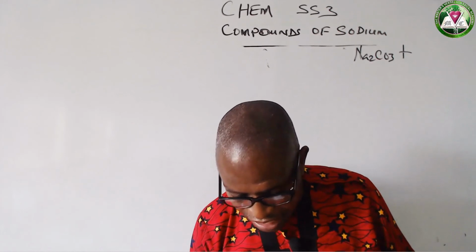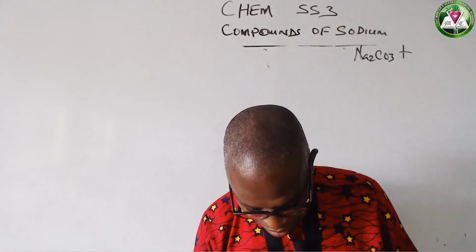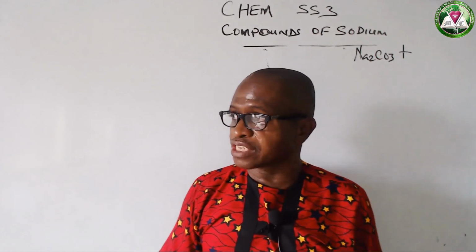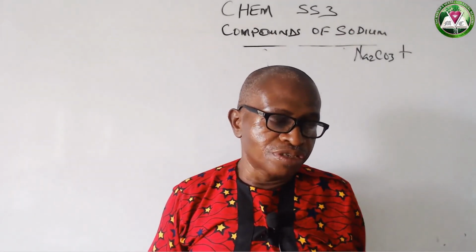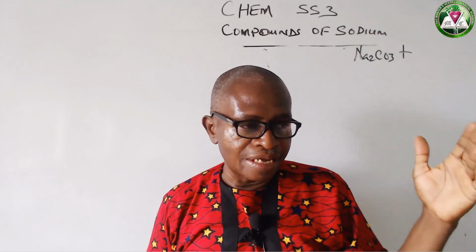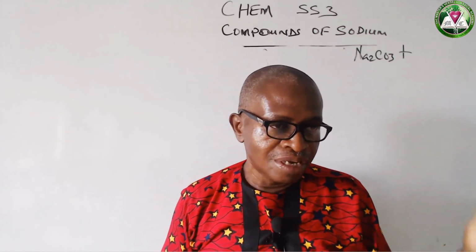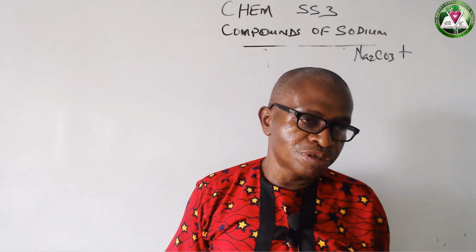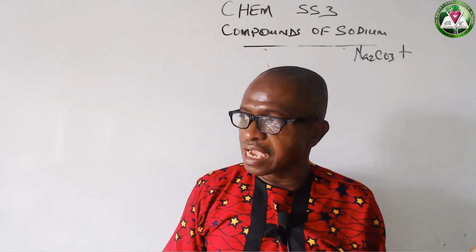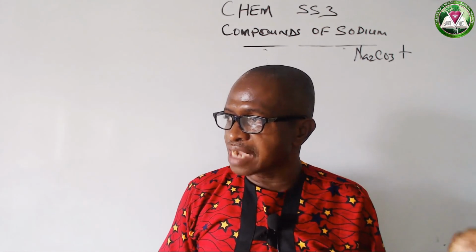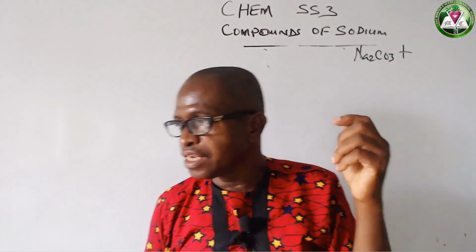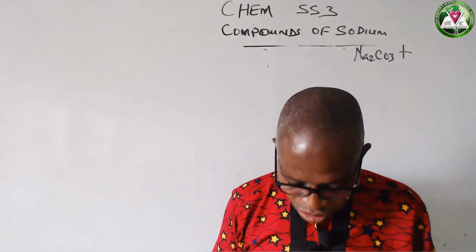Then we looked at physical properties of sodium hydroxide. When you dissolve sodium hydroxide in water, it gives you an alkaline solution which turns red litmus blue. We say that sodium hydroxide is deliquescent, that is to say that it absorbs moisture from the atmosphere to form a solution.